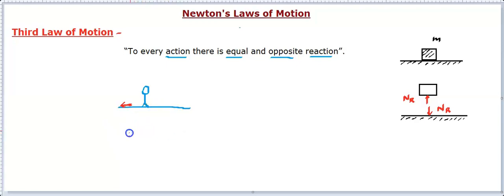Since it's very heavy, the effect of your force on the earth is very minimal. But what the earth does is apply a force on you as a reaction, hence acceleration. Hence you get a force, and this force is equal to m into a, and this a brings acceleration, hence it brings velocity to you and you start moving.